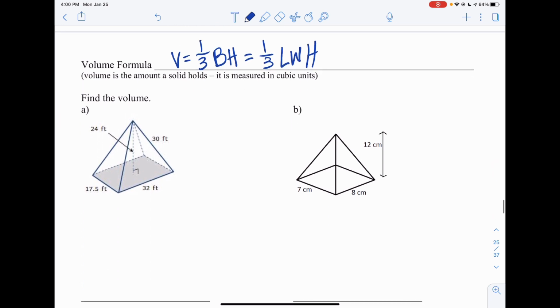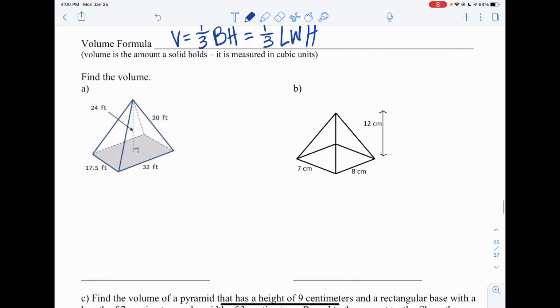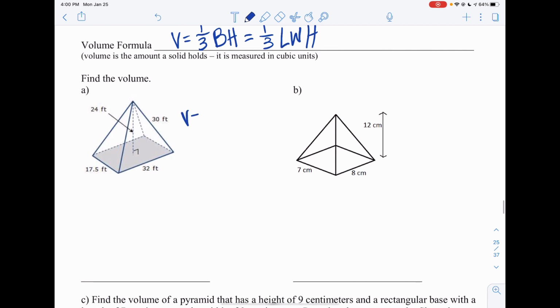Okay, so going down to example 1, remember, always write down your equation or formula, which is 1/3 times length times width times height. Okay, then I'm going to bring down my 1/3 before I start substituting because I don't have anything to substitute there.